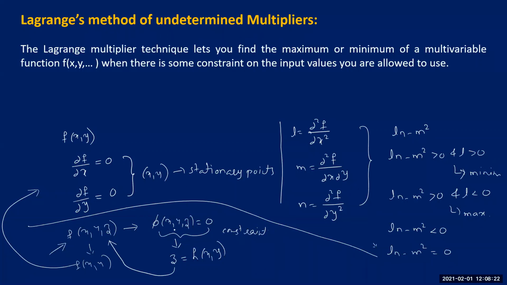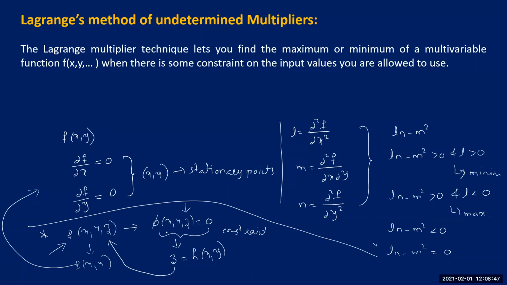When you are given a function of three variables, Lagrange's multiplier technique lets you find the maximum or minimum of a multivariable function when there is some constraint on the input values you are allowed to use, right? A similar problem as you can see here. For example, you are given a function of three variables along with a constraint of this kind.